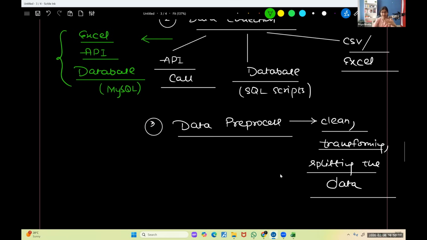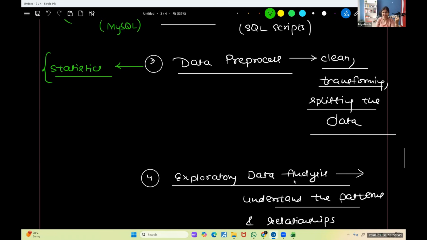When we talk about data preprocessing, if you ask me, Priya, what specific tech stack will be required, I would definitely say that statistics is one of them. Because without mathematics, you won't be able to pre-process and clean the data.